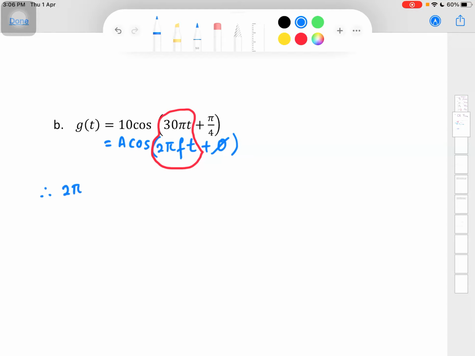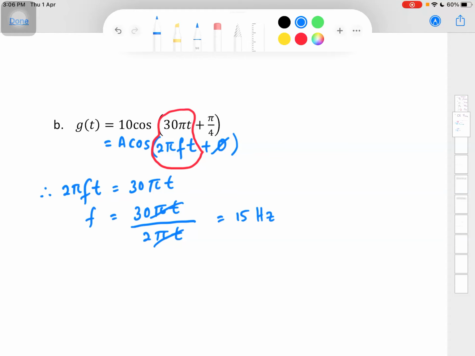So again 2 pi f t equals 30 pi t, right? So we can calculate f, which is 30 pi t divided by 2 pi t. So we will have this cancel and 15 hertz. Then we can calculate the fundamental period, which is 1 over the fundamental frequency, so it will be 1 over 15 second.